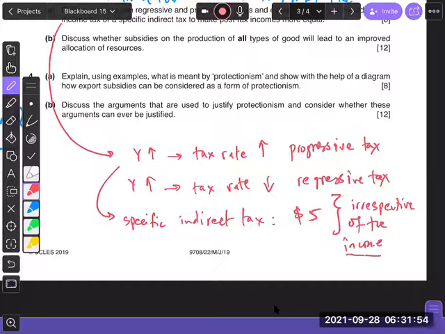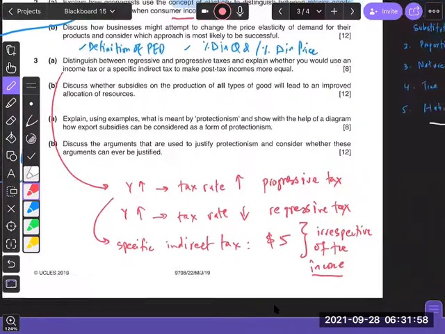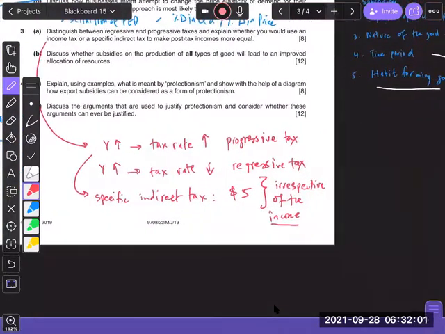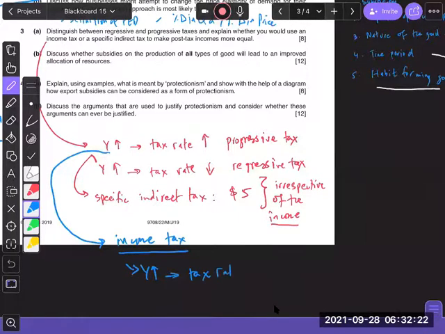Both the rich and the poor pay the same amount of the tax, right? An income tax, on the other hand, can be made progressive. Income tax is on income, so when the income goes up and your tax rate also goes up, we can make the income tax progressive.